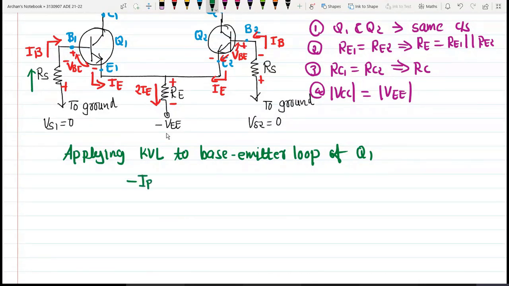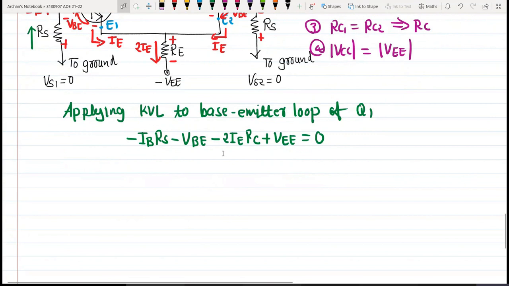So minus IB RS. Then this VBE, voltage between base and emitter, is appearing, minus VBE. Then there will be a voltage drop across resistance RE, it is 2 times IE RE. So minus 2 times IE RE, and there is negative voltage minus VE, minus VE will become plus VEE, equal to 0.